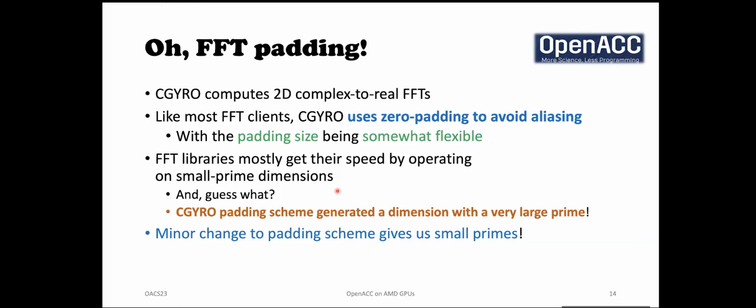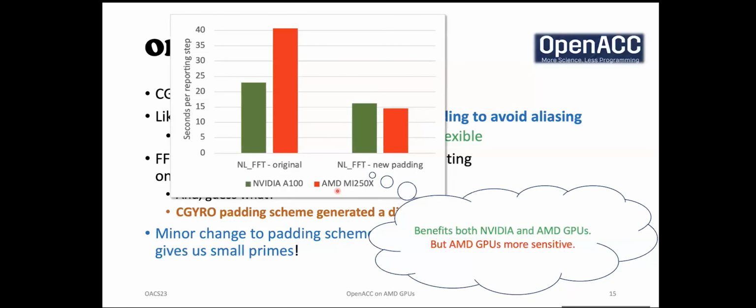So we got very large primes when you decompose the size. By essentially adding a +1, we got back to small primes. And of course, we got a significant speedup.